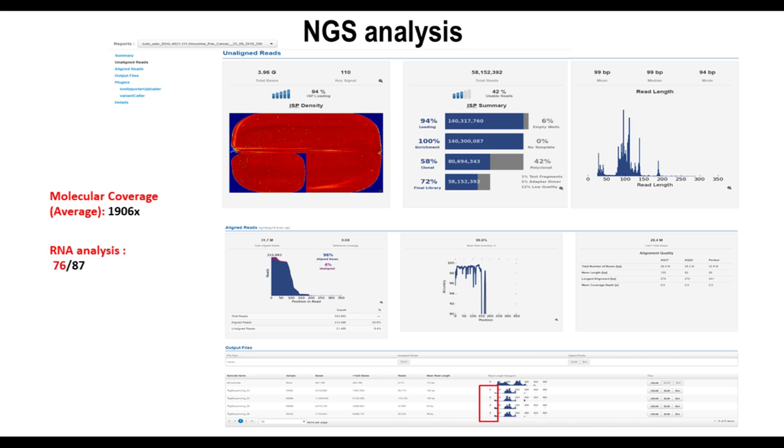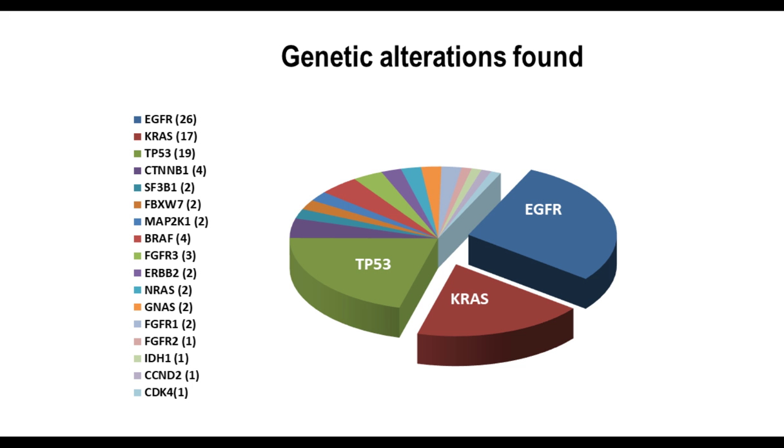The average molecular coverage that we got for our cases was over 1900, and RNA analysis was successful in 76 out of 87 cases. And these are the genes that we found altered in these individuals, and the most frequent mutant genes were EGFR, KRAS, and p53, and this is not surprising because these are mainly individuals with colon and lung tumors.